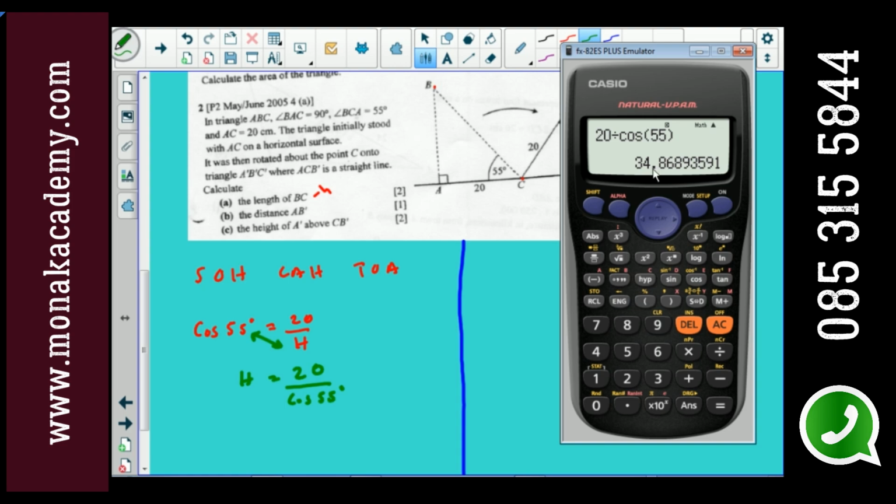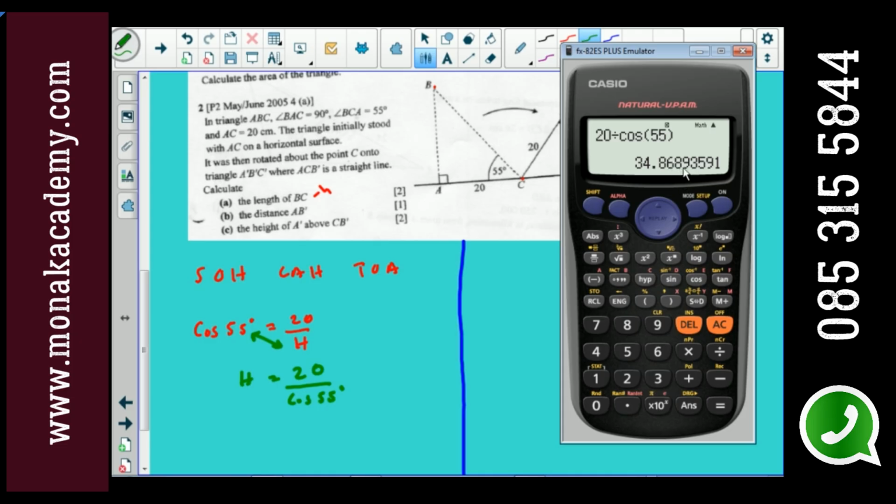So 34.9. What about if they wanted it to 3 decimal places? What would be the answer? 34.869. Very good. If it was 3 decimal places, that's where we start counting after the decimal point. 1, 2, 3. You look at the fourth one, which is a 9.